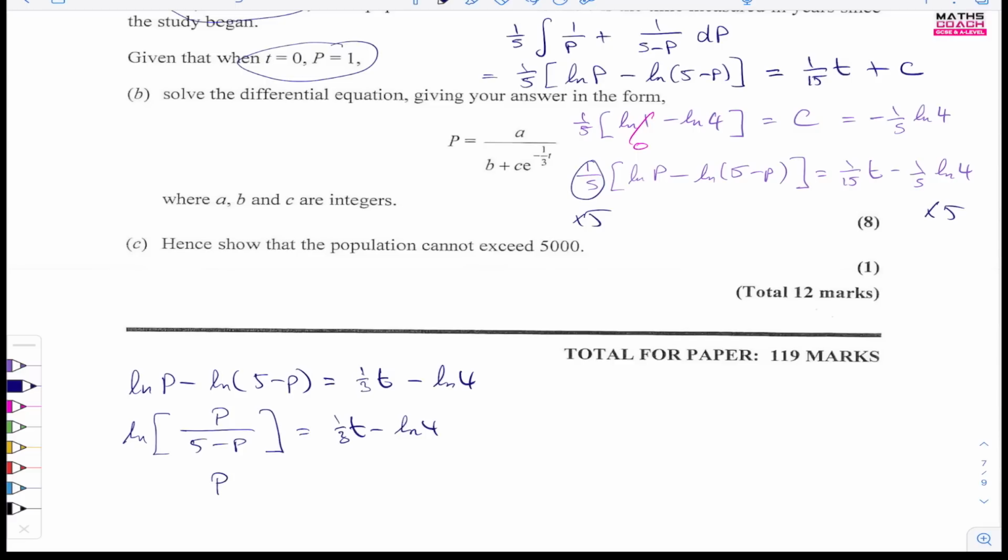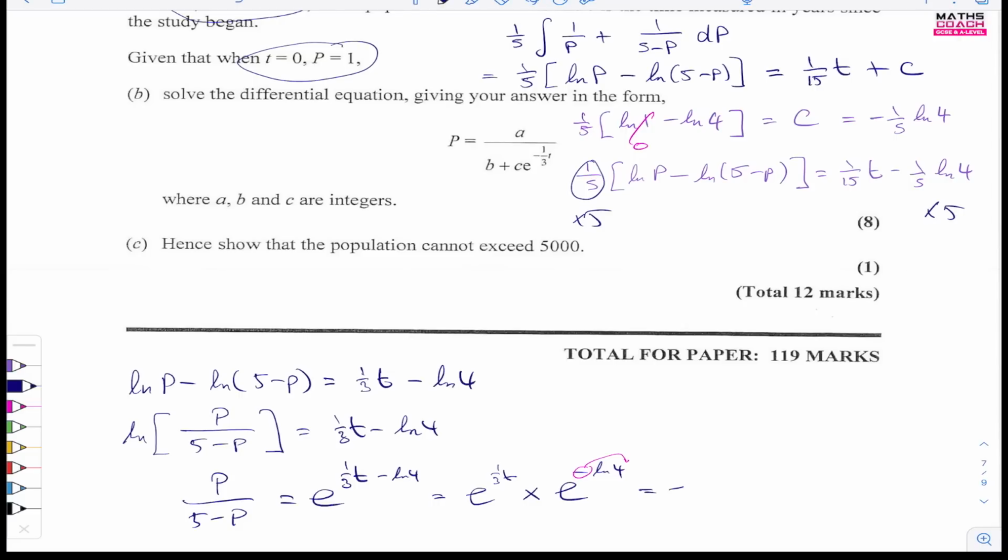E both sides, so p over 5 minus p equals e to the power 1/3 t minus ln 4, which we can rewrite as e to the 1/3 t times e to the power minus ln 4. And then I'm going to raise that minus to the top here and cancel off the e and the ln.